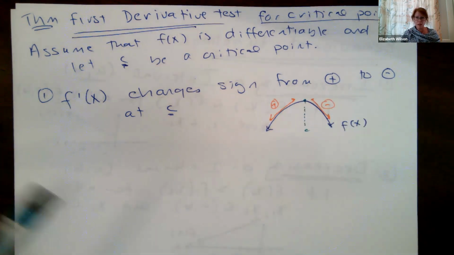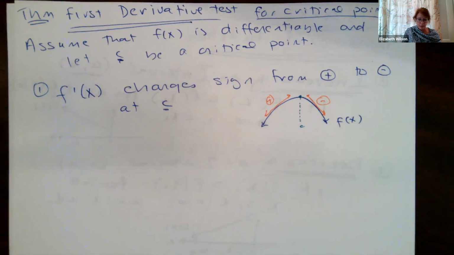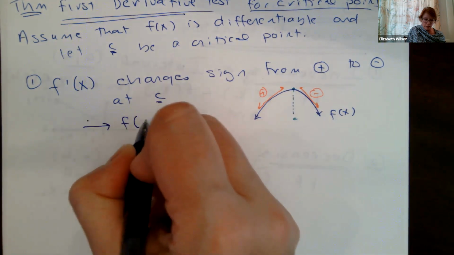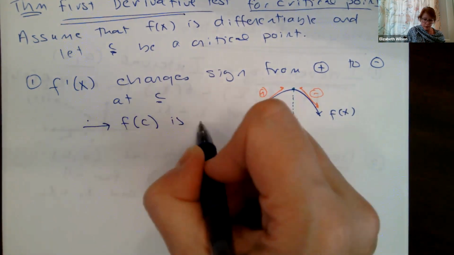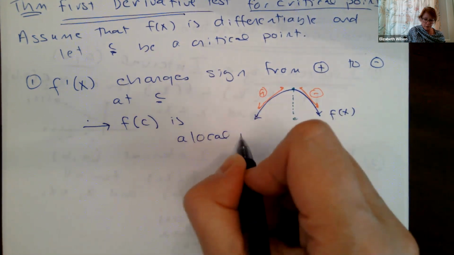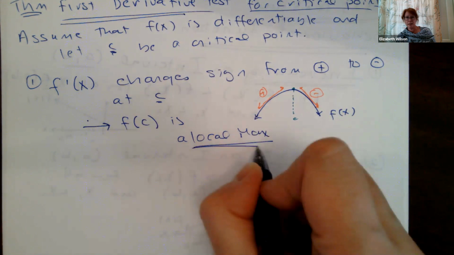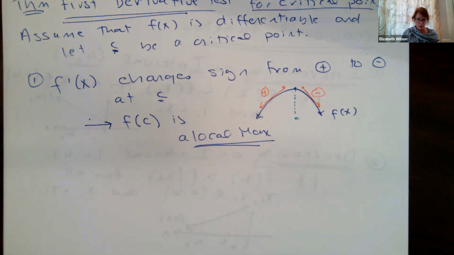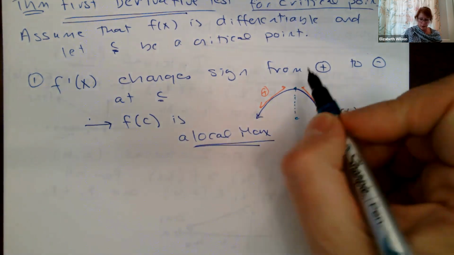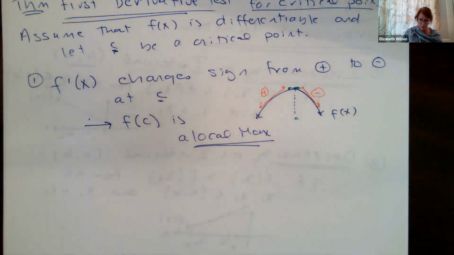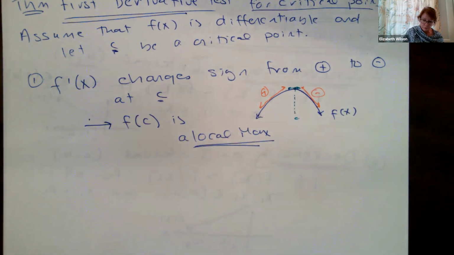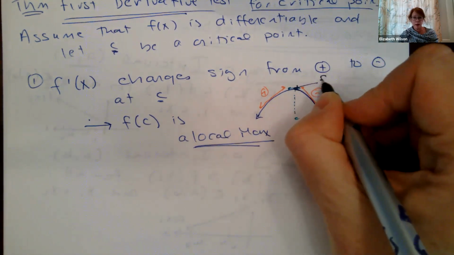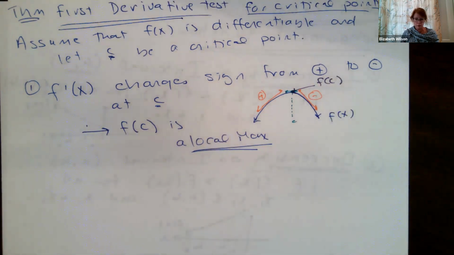If my first derivative changes sign from positive to negative at C, then we say my function at C is a local max. My first derivative at C will be 0, right? That's my slope of my tangent line is 0, that's how I got the critical point. But this f of C value is my local maximum. Okay, C comma f of C is my point of local maximum.